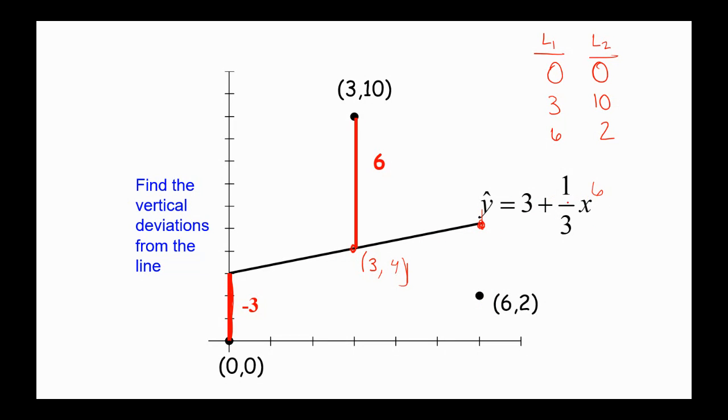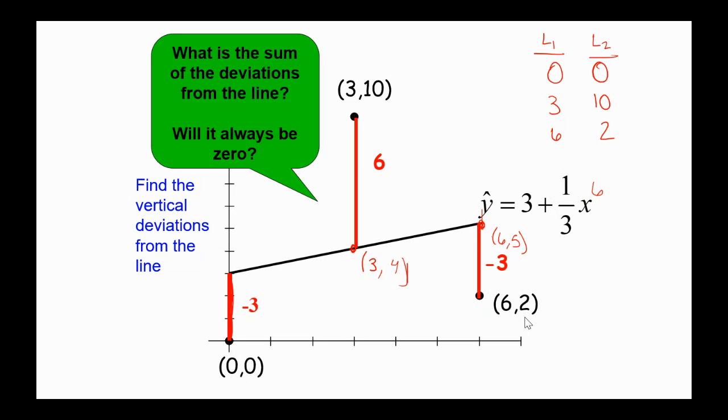So let's see, 6 times 3 is 2. 3 plus 2, it's like I'd be at 6, 5. If I get the vertical deviation here, I go from 5 down to 2. That would be a -3.